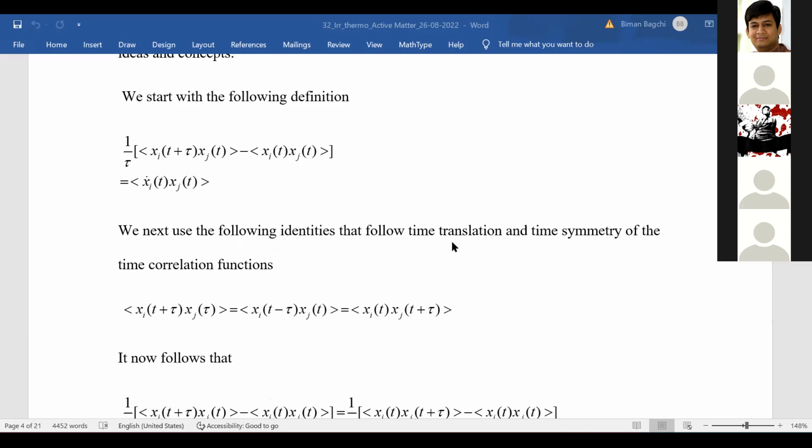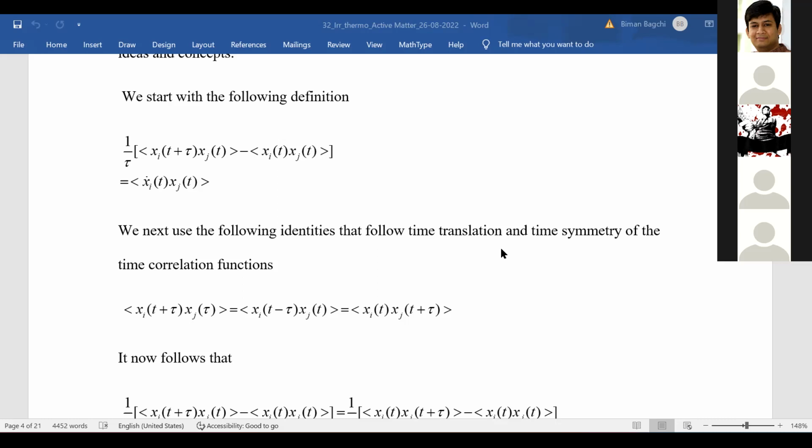Now I use the two properties of the time correlation function that I already discussed. One is time translation, and next is the time inversion.